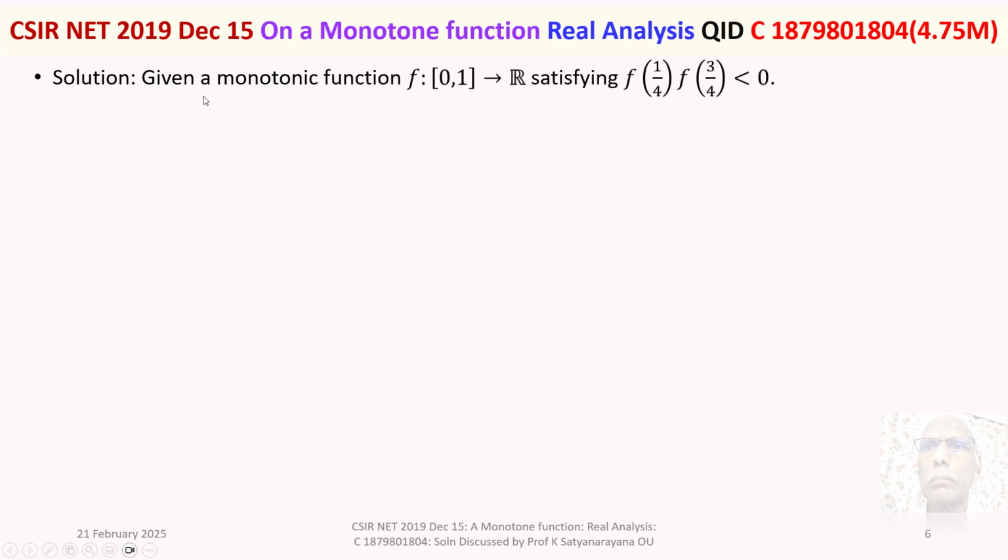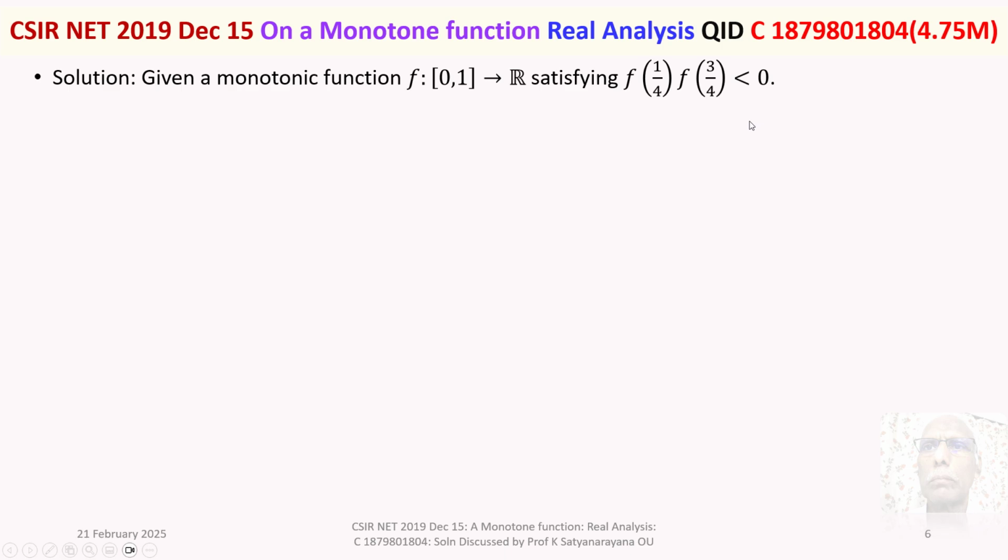We are given a monotonic function f from the closed unit interval to the set of real numbers satisfying f of 1 by 4 multiplied by f of 3 by 4 is negative.